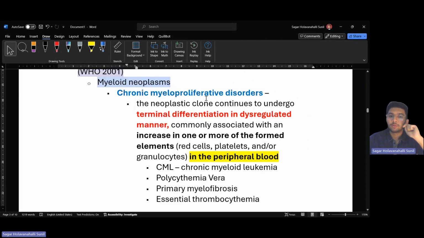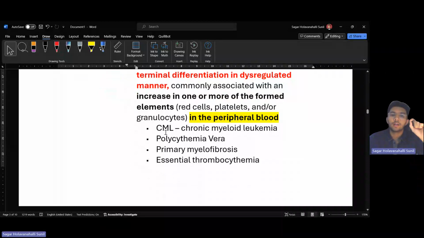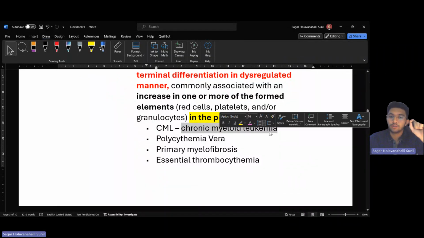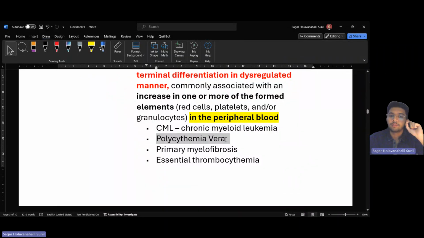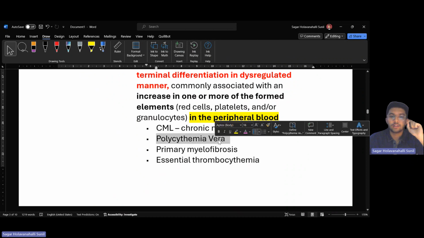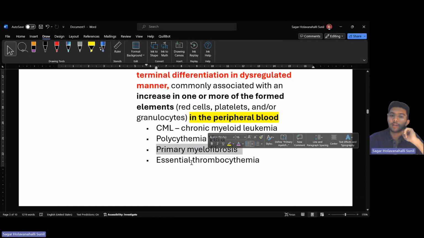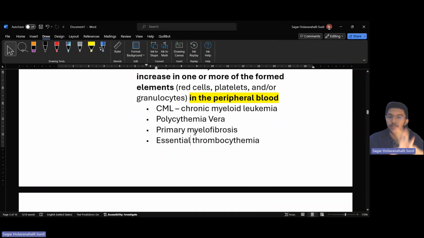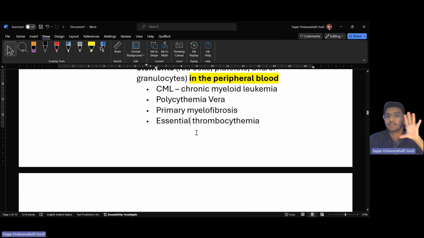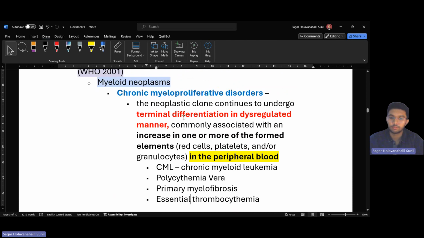Now, under chronic myeloproliferative disorders, you're going to have chronic myeloid leukemia, polycythemia vera, which is essentially an increase in the RBCs, of course, with the dysregulation, primary myelofibrosis, which again, I'll come to in greater detail in organ systems. You just have to get an outlook, a basic understanding of what these tumors are all about.